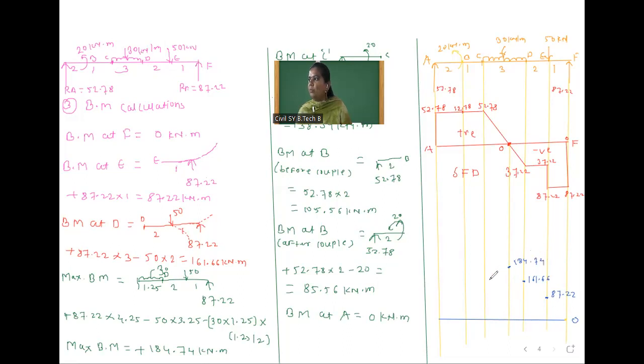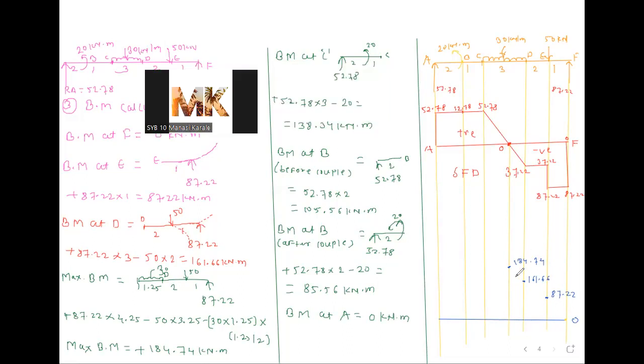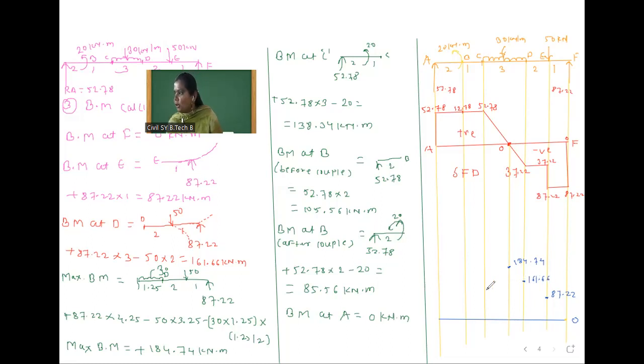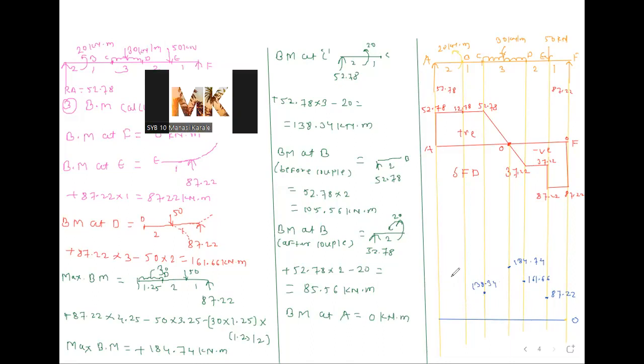After that, bending moment at C is 138.34, that means below this 161, above 87. And bending moment at B.